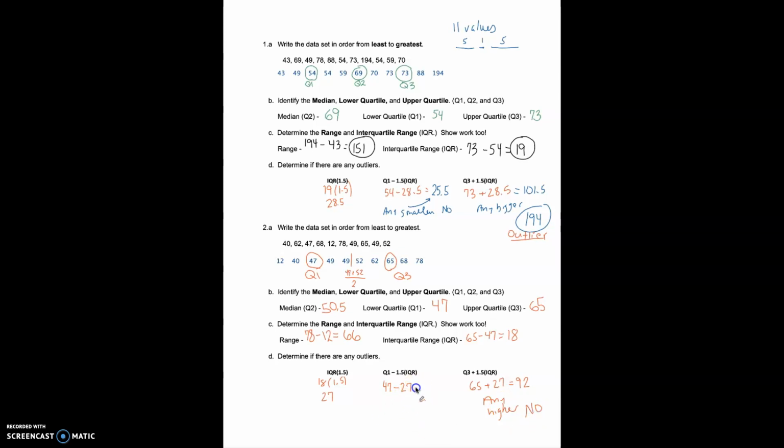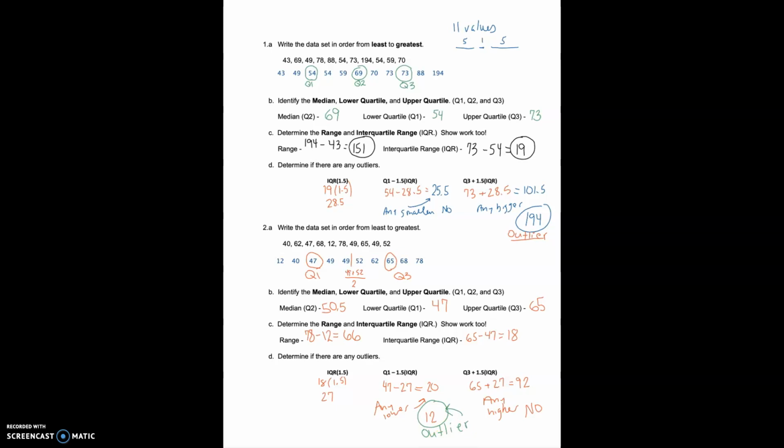And then 47 minus 27 is 20. So are there any lower than 20? Yeah, 12. So 12 would be our outlier here. So again, we have an outlier of 12 for this data set.